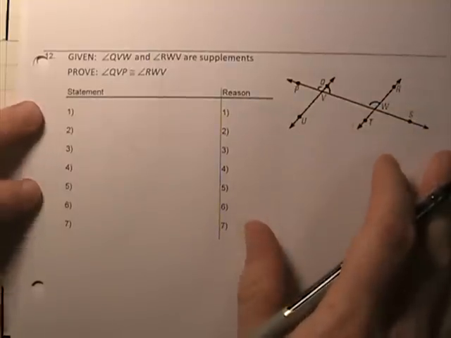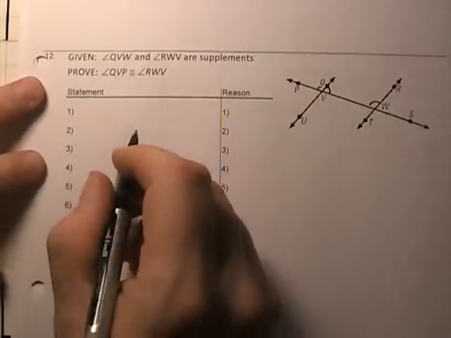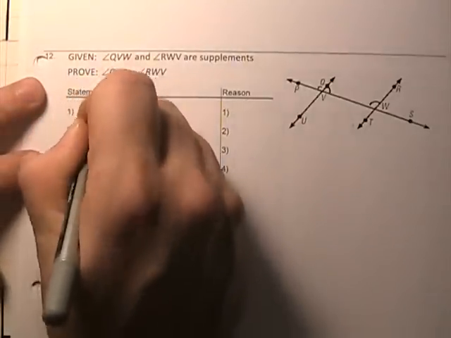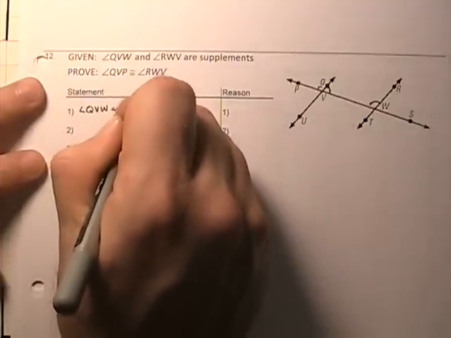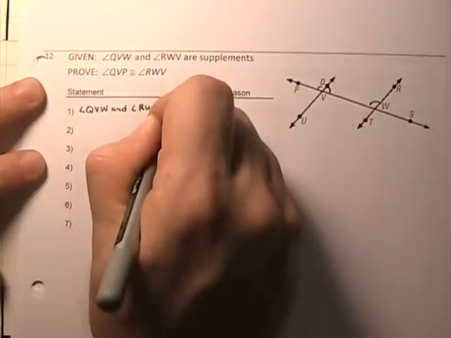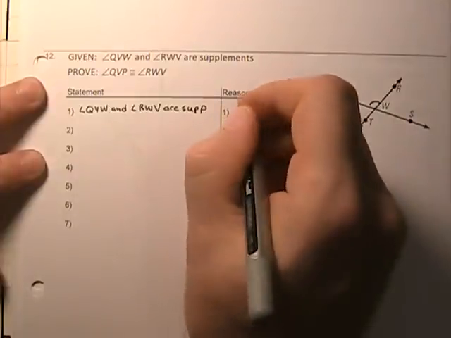All right, looks like a job for the congruent supplements theorem. So angle QVW and angle RWV are supplements, and that's given.